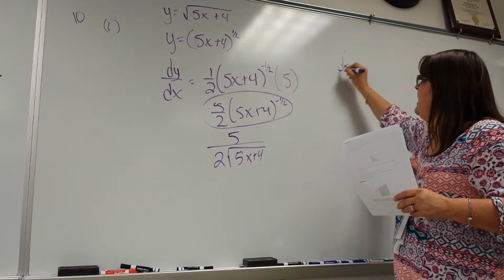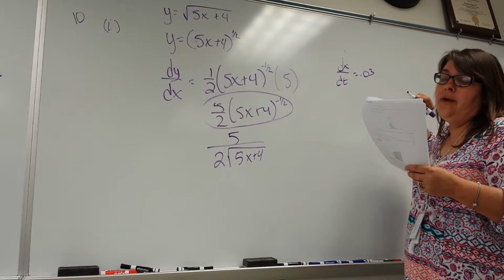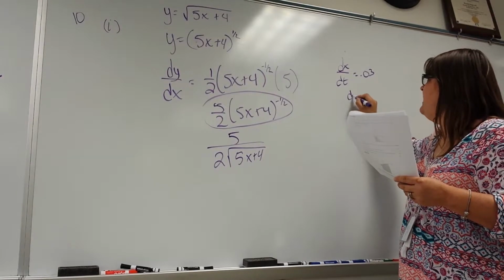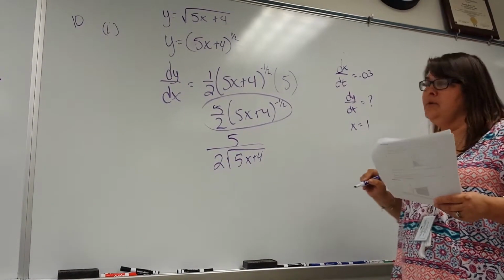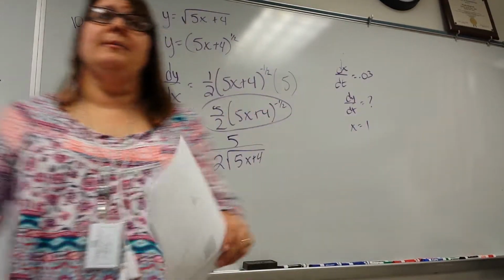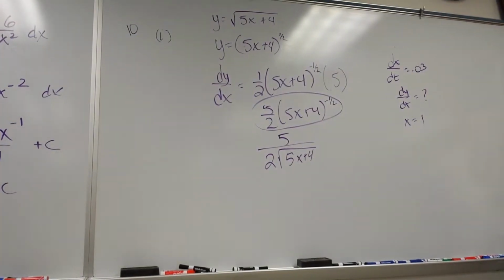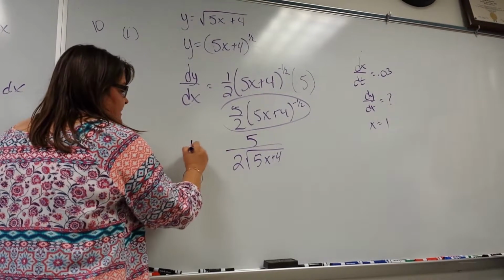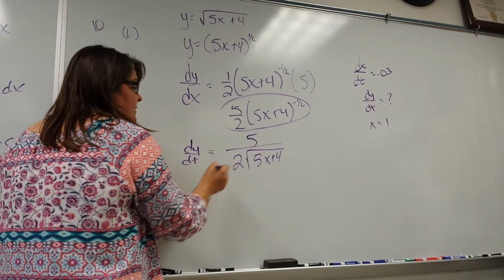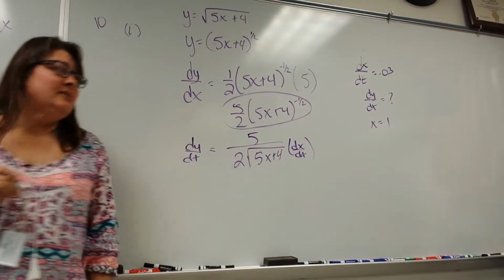Then it says find the rate of increase of y, dy/dt, when x is 1. It's the same type of problem. We have the derivative, but instead of calling it dy/dx, we say dy/dt equals this times dx/dt. That's the only thing that changes.